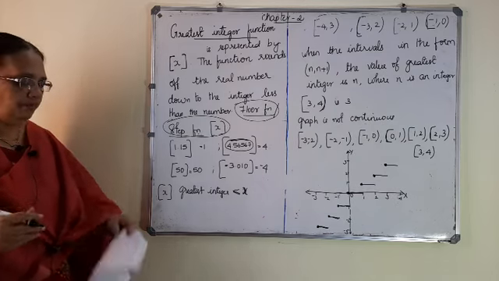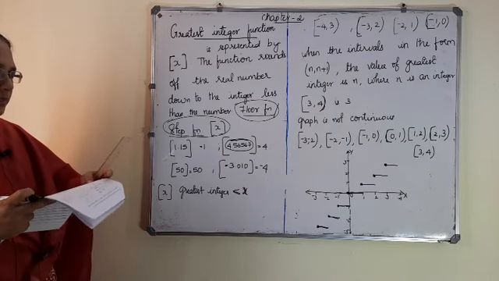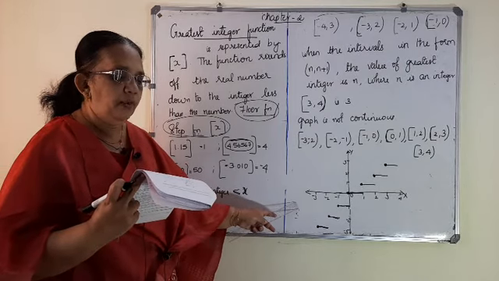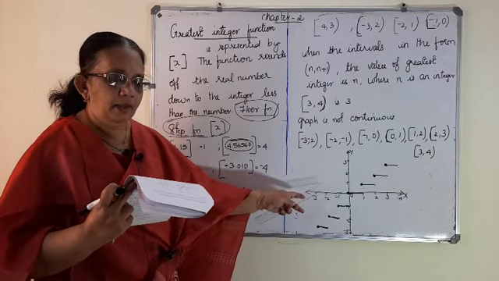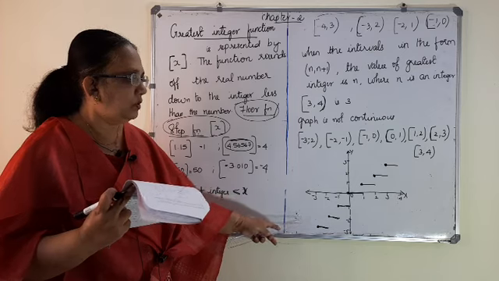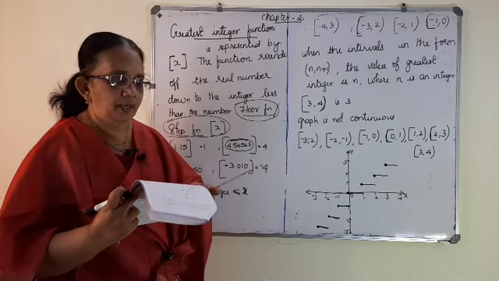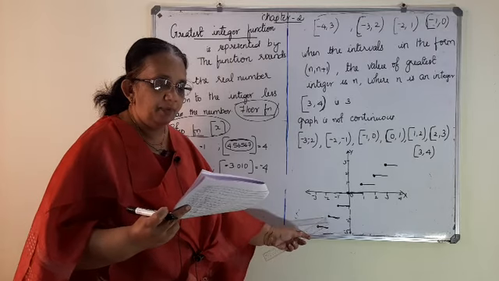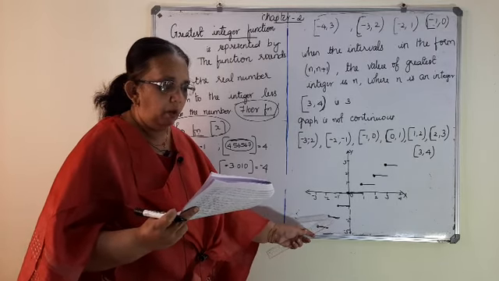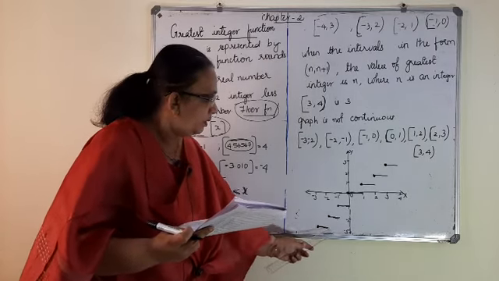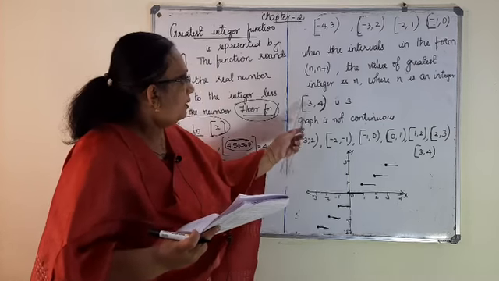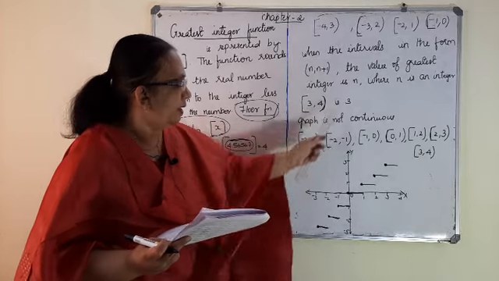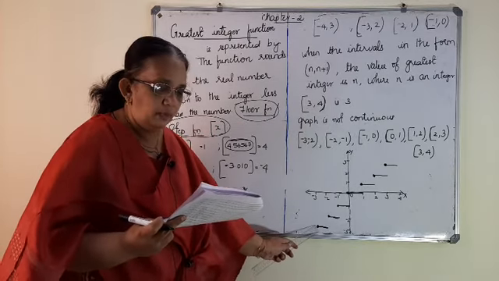This is the graph of the greatest integer function. The graph is viewed as a group of steps, and hence the function is also called a step function. The left hand point in every step is marked by a dark dot, because the greatest integer function in this interval is defined as 3, so that point is included.